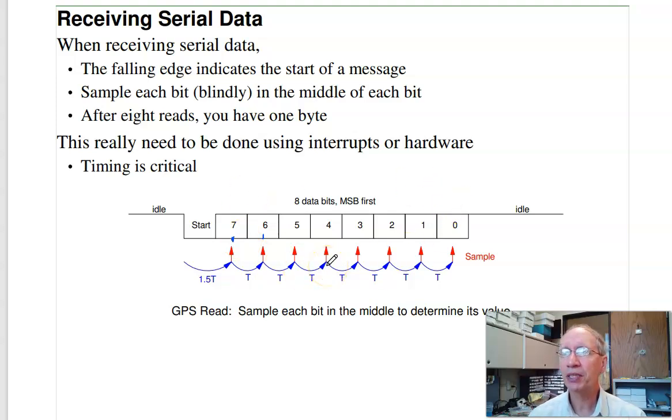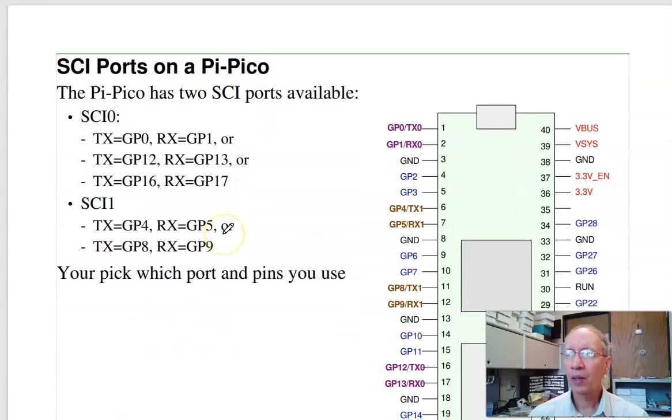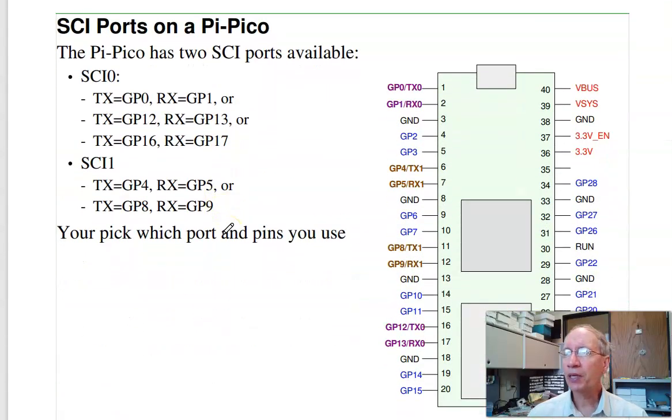That's my serial read. Now timing is critical. I really have to be sampling pretty close to the middle to get the bits correctly. This is why the serial read is actually using interrupts. You can do that in software, but not really needed. That's built into the Raspberry Pi Pico.